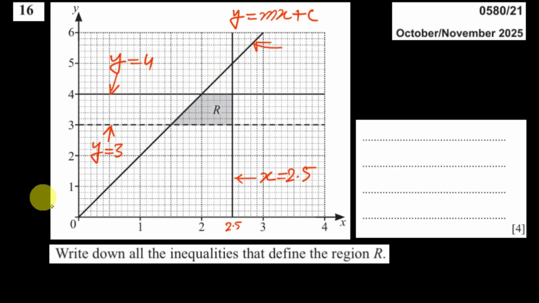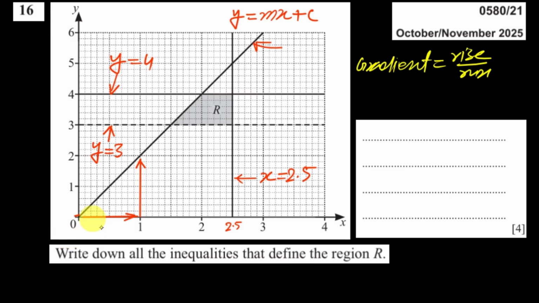What is gradient? To find the gradient, we know that the gradient is equal to rise upon run. Let's see what the rise and the run are here. You can take any 2 points on this line. If I choose this point here, this will be the run and this will be the rise.